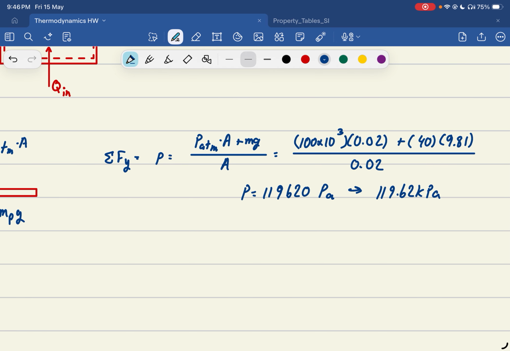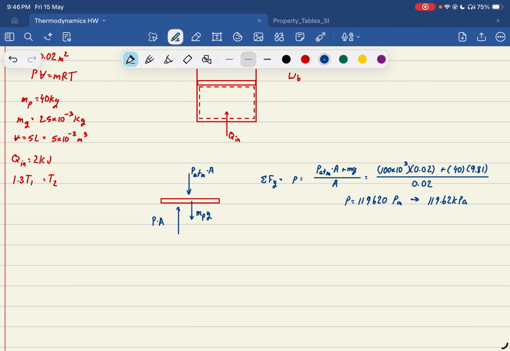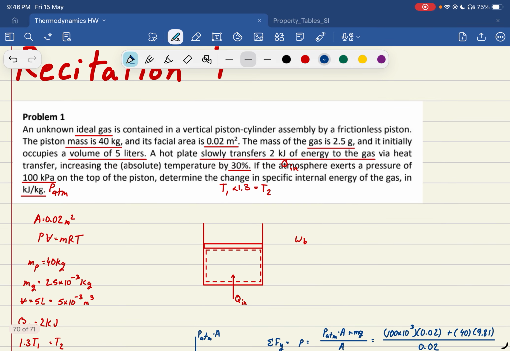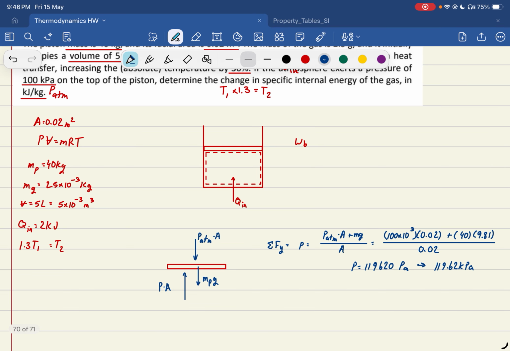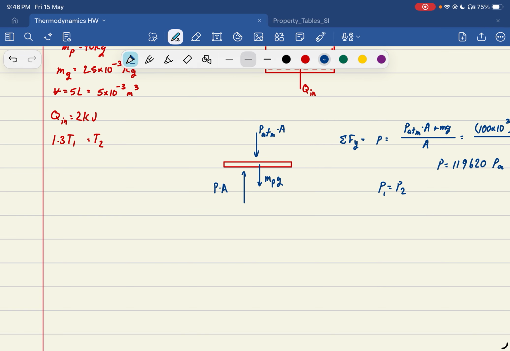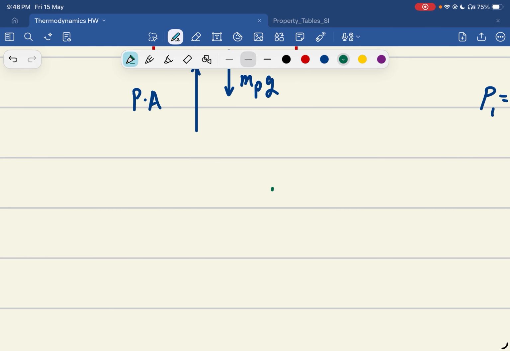Okay, that is your internal pressure, and we can assume that both the atmospheric pressure and the weight are constants. So P1 would equal P2. And now from the ideal gas law, we know that PV equals mRT.